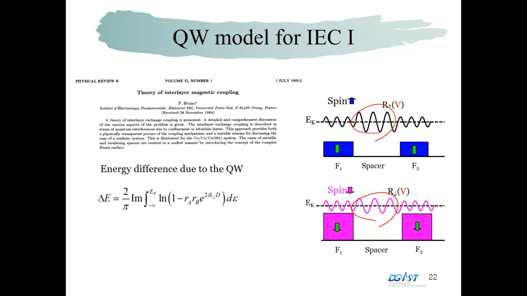But still, in an MgO layer, we have a finite interlayer exchange coupling experimentally observed, even though the value is much smaller. So you can imagine if we have some insulator layer between the spacer, then in such a quantum model we do not have a propagating wave, but we have a decayed wave here. But still, we have different energy for the parallel and antiparallel configuration. That means we have a chance to get a finite interlayer exchange coupling. But the magnitude should be very small.